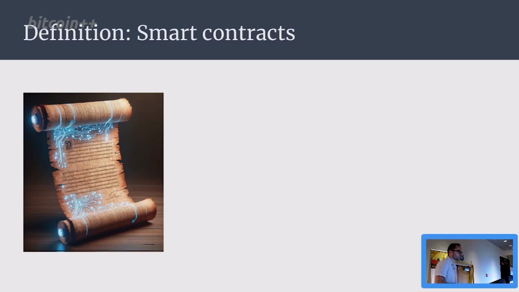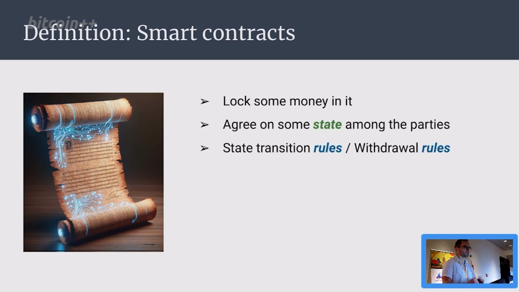I'd like to start by talking about what a smart contract is and why covenants are so closely related to this idea of doing smart contracts in Bitcoin. A smart contract looks like this: we want to be able to lock some money inside. We want to be able to agree on some state among the parties. State means anything, any content, any variable.